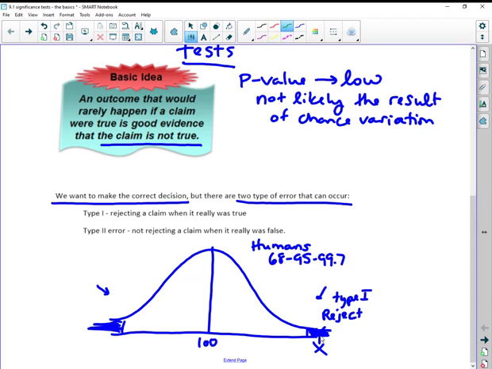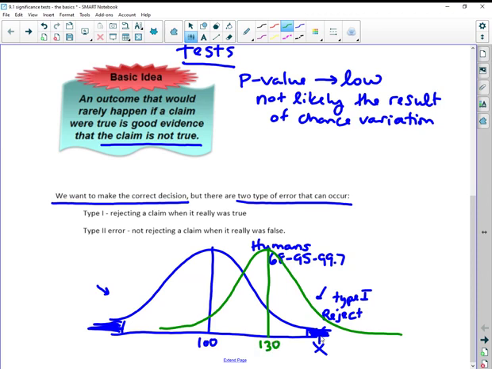But what's type 2 error? Let's say that there's a group of aliens from another planet. They finally come down here to Earth, and we don't realize that they look a lot like us, so we can't tell by looking at them. But these aliens are really smart. That's pretty much why they were able to come to the Earth. And let's say that their mean IQ is about 130.